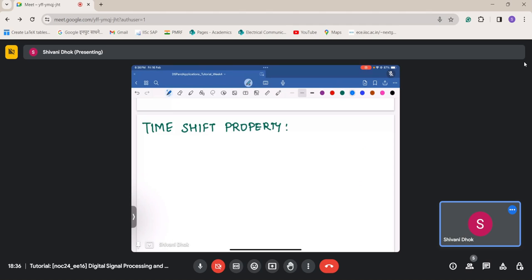What does it say? If x of n has a DTFT as x of omega, and if I shift this x of n by a factor of n naught, what will be the DTFT of this quantity? Let us try to find out.